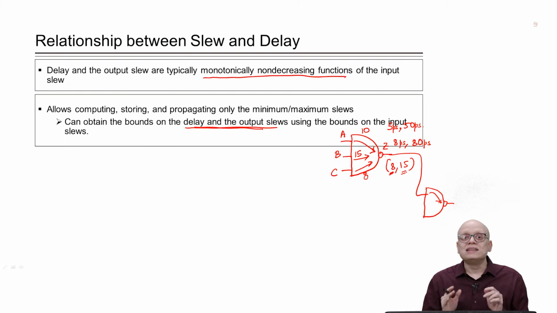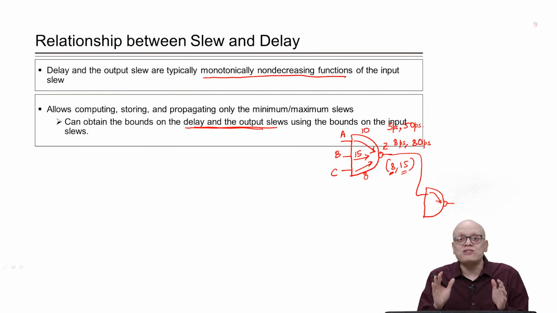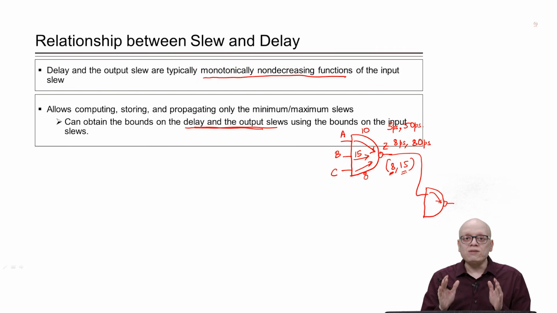So, note that the purpose of static timing analysis is to ensure the safety of your circuit, and if we are able to derive the bound on the arrival time and the delays, we will be able to ensure the safety of the circuit just by the bounds, right.